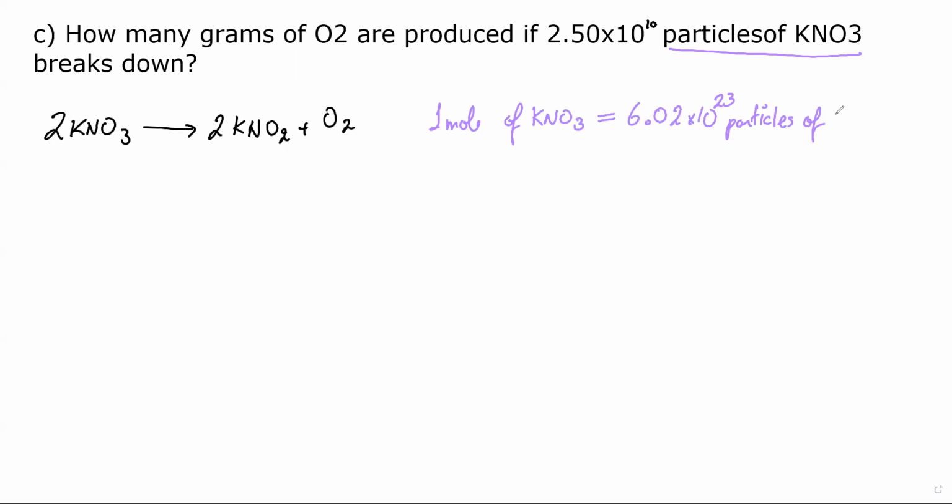What is the compound? KNO3. All right, that's one relationship. That's one unit rate. What's another unit rate that we have?